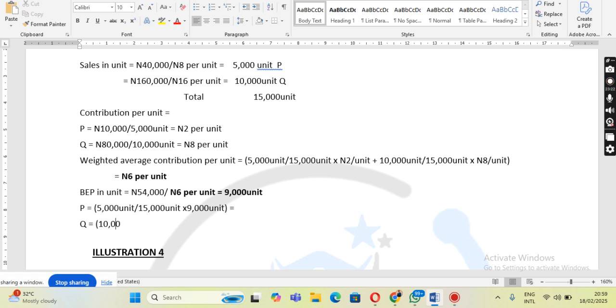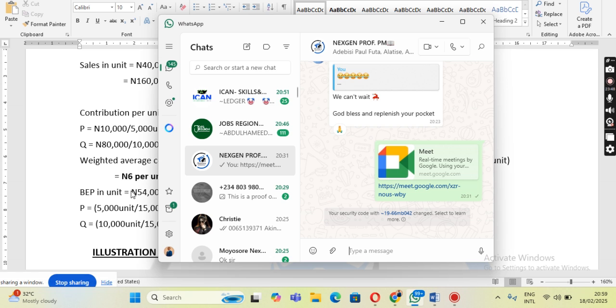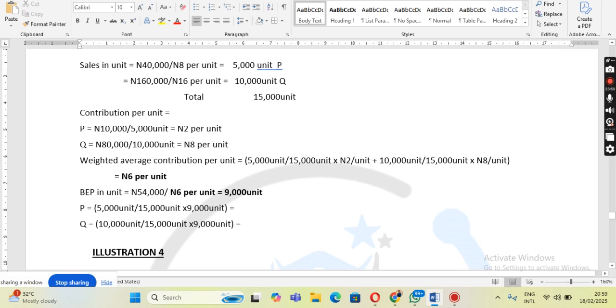So for Q, 10,000 units divided by 15,000 units times the 9,000 units. So what do we have, class? For Q, we have 6,000 units, and for P, we have 3,000 units.